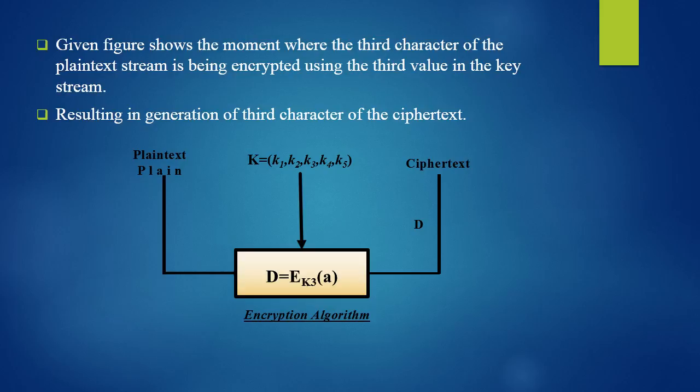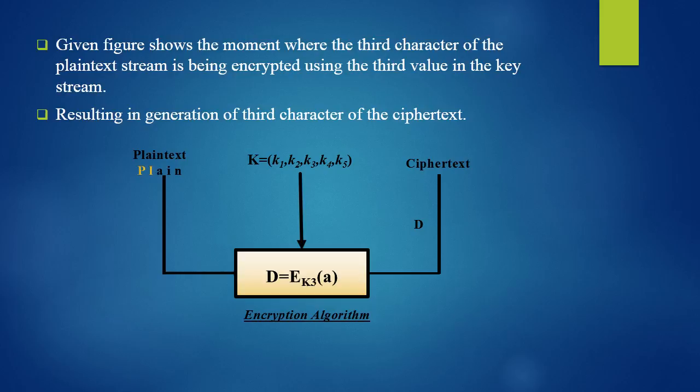This figure explains the working of stream ciphers. This figure shows the moment where the third character of the plain text stream is being encrypted using the third value in the key stream.